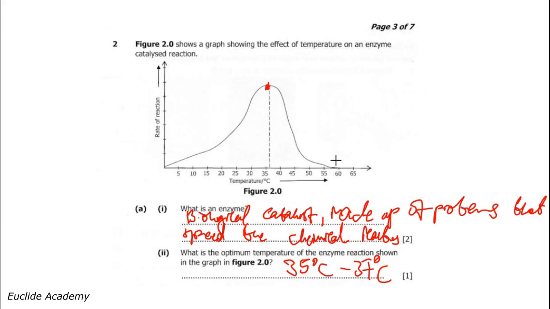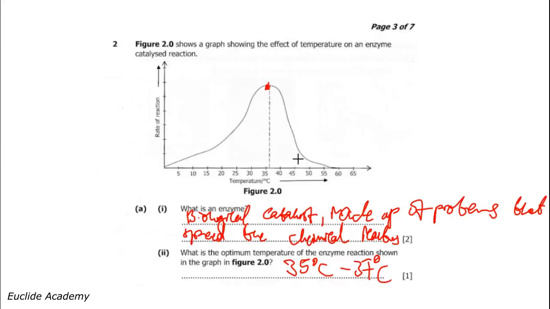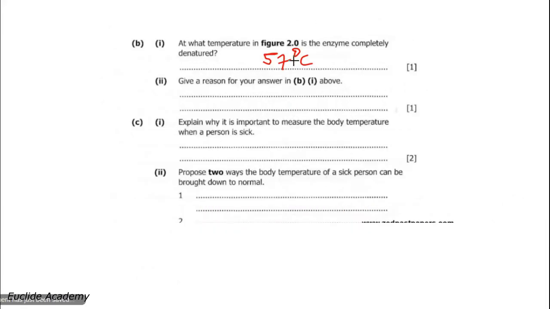The rate of reaction is off right there. So you can say 57 degrees Celsius, or 58, or 60 degrees is completely denatured, just at the end of the graph right there.